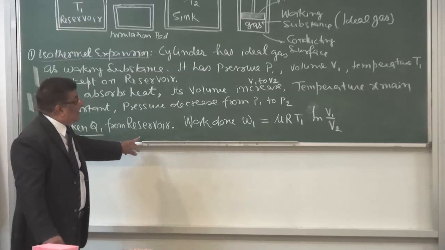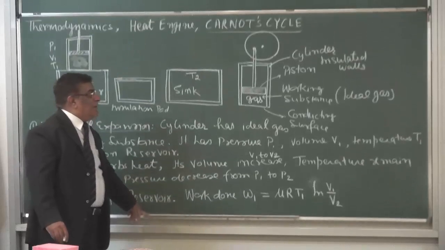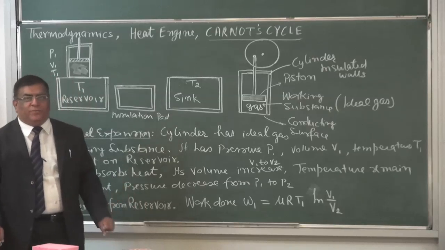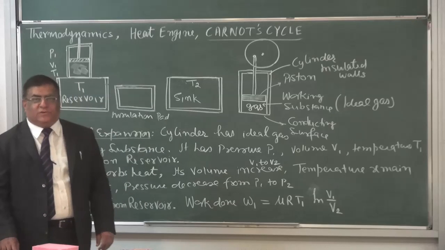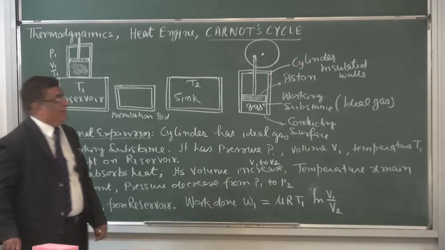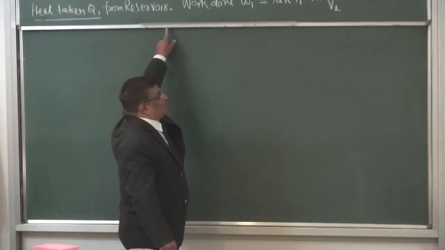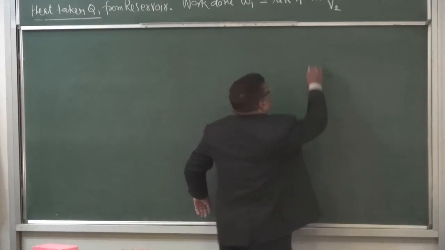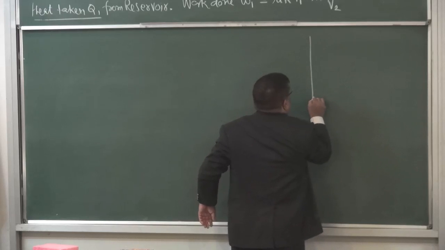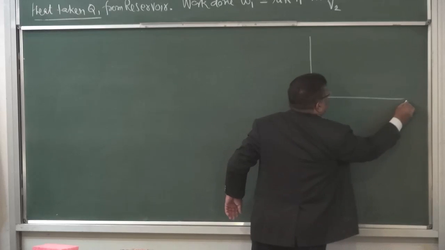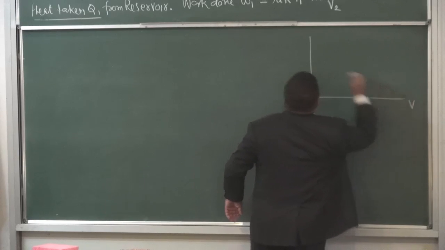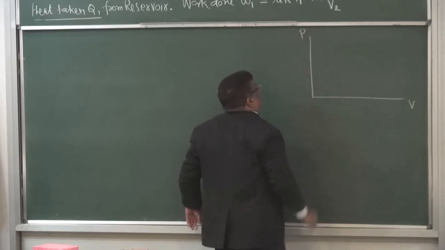The indicator diagram will show the changes in pressure and volume, and it will also show how much work has been done. So let's make an indicator diagram for process number 1, and here is that indicator diagram. This is volume, this is pressure.